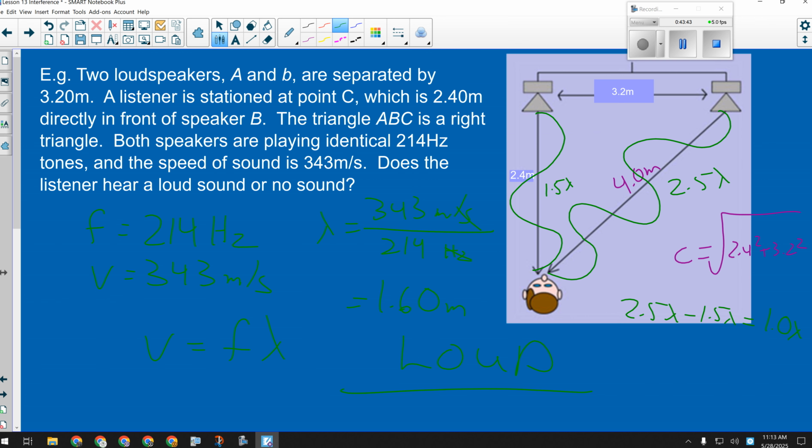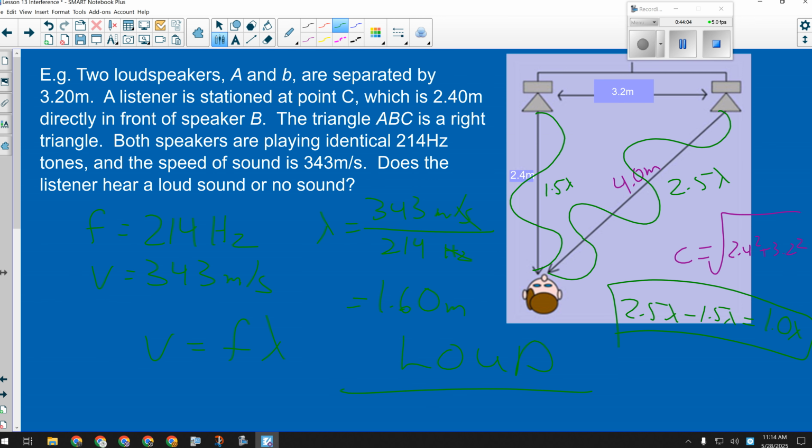So you'd get a mark for your givens, a mark for doing a wave equation calculation, a mark for doing your geometry here, your Pythagorean theorem, your number of waves calculations, and then this one here that determines whether they hear a loud or a quiet sound. Okay. All right.